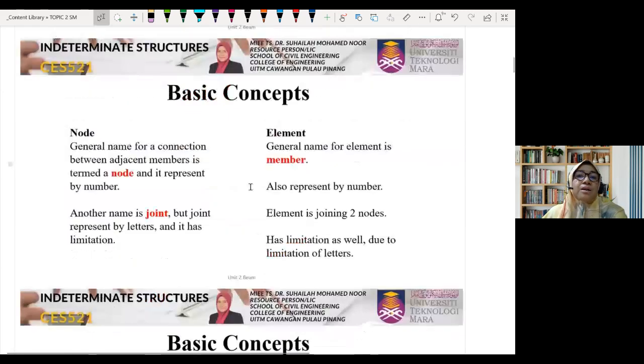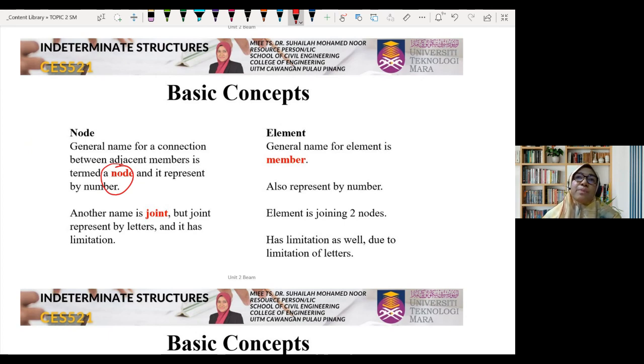Let's look at the next one, the basic concept. I hope until this stage you understand the meaning of nodes and the meaning of element. As revision, a node is represented by a number. It is actually a joint. In stiffness method we use numbers to represent nodes because this is the theory behind software, and in software we normally design buildings.